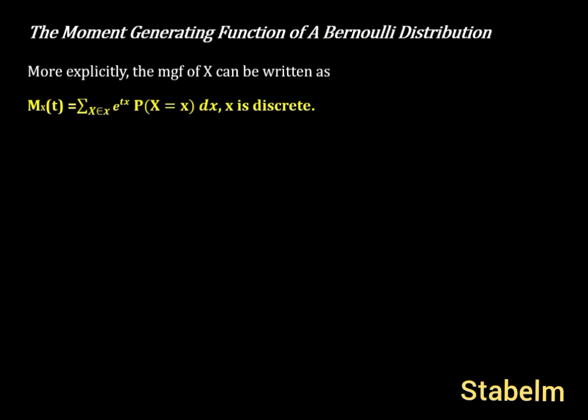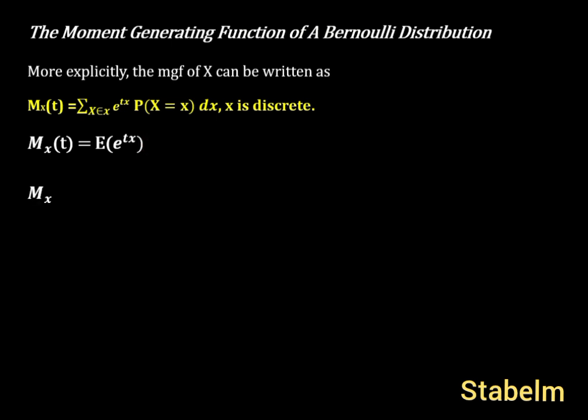Since the Bernoulli distribution is a discrete distribution, we have this formula for it. What does this translate to? We have M subscript X of t equals E of exponential tx, that is e raised to power tx. So we sum all of these multiplied by the probability mass function of the Bernoulli distribution.